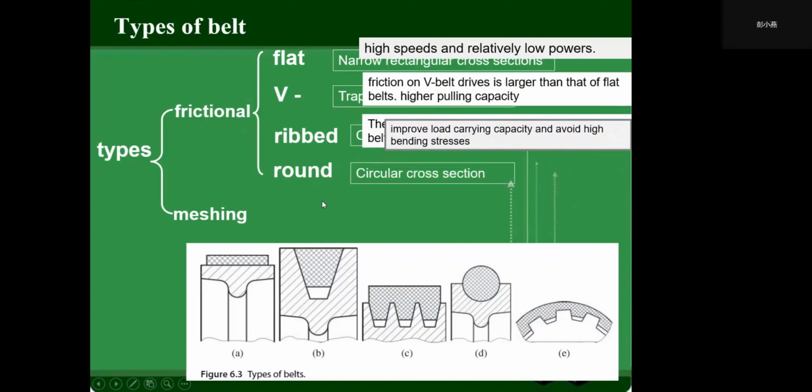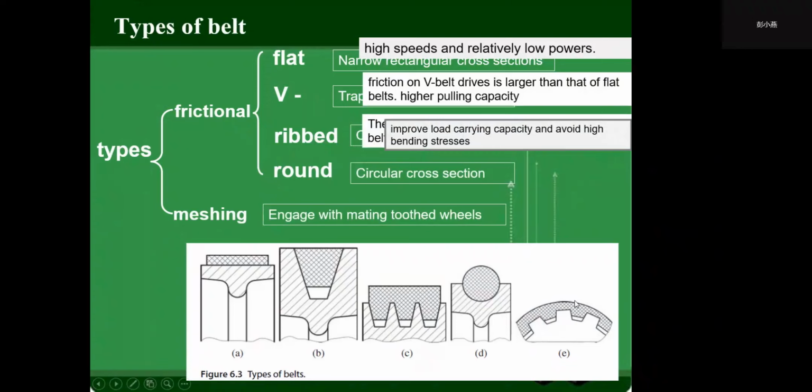Round belts have circular cross section and are limited to light duties. Mesh belt engages with mating teeth on wheels, and is universally used for synchronized power transmission to ensure that the driven sheave always rotates at a constant speed ratio to the driving sheave.